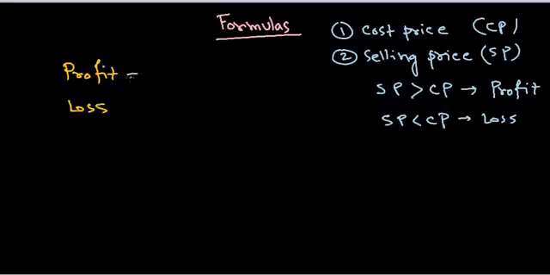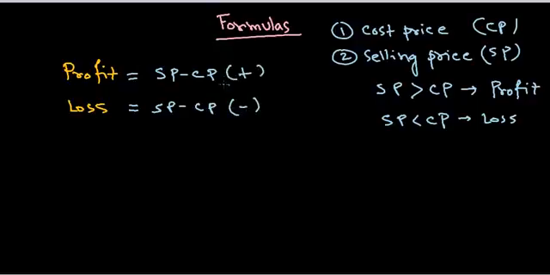So how to calculate profit? The net profit calculation will be selling price minus cost price. This is going to be the profit, and if this value is positive, it's obviously a profit. If selling price minus cost price is a negative value, then it's a loss.